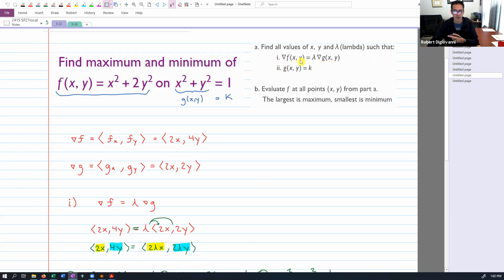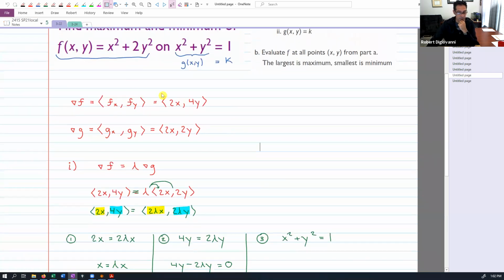In other words, where these two vectors are parallel. And we also have to satisfy the constraint equation. If we can find the x, y, and lambda that do that, then the largest value we get out would be our max and the smallest would be the minimum.